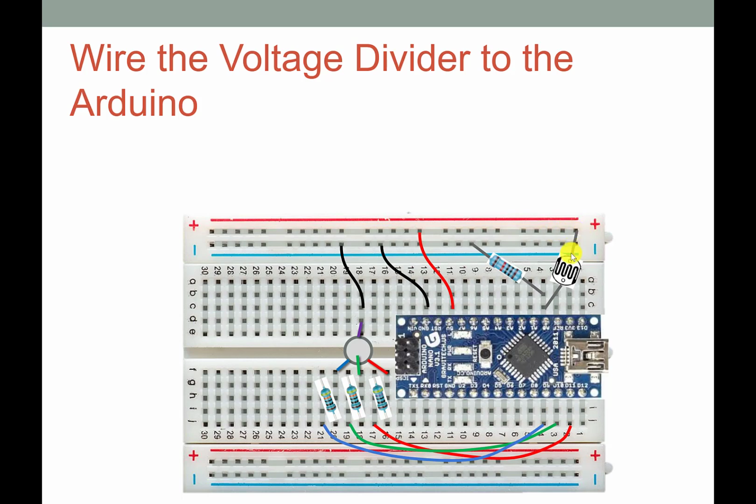We connect the photoresistor to the 5-volt supply and then to A0, and to create that little junction point to measure in between those two resistors, we can connect the 10K ohm resistor from A0 to ground. And that is it. There's a voltage divider. Let's see how to set that up.